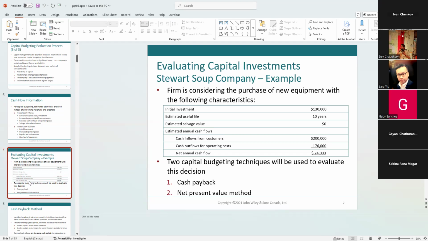Operating cost will be $176,000, so the net annual cash flow coming in is going to be $24,000. Which techniques can we use to evaluate this project? Well, we have two techniques. One is the cash payback method, and the other one is the net present value.